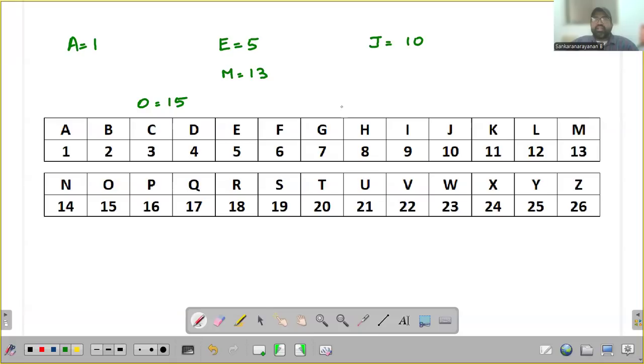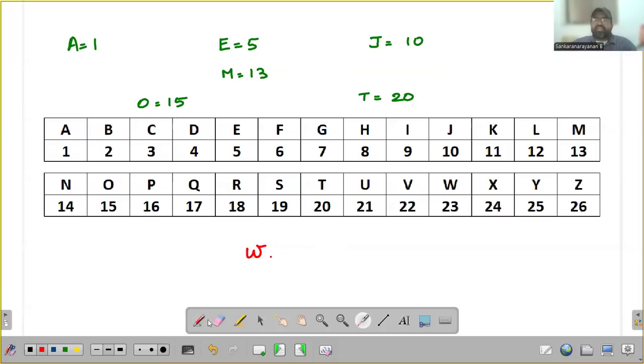And T equal to 20. At least these 6 letters and the corresponding numbers, if you are able to memorize them, that will help you by a great deal. For example, suppose I say the letter W, then I will first switch to T. T, U, V, W. Okay. So I know that T is 20, U, V, W is plus 3. So 20 plus 3 is 23. You can see that W is 23.